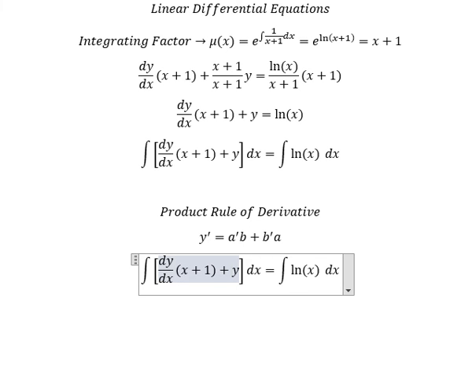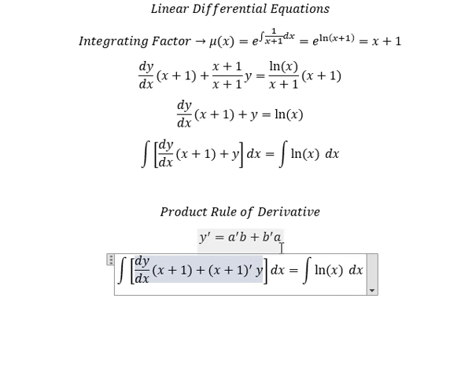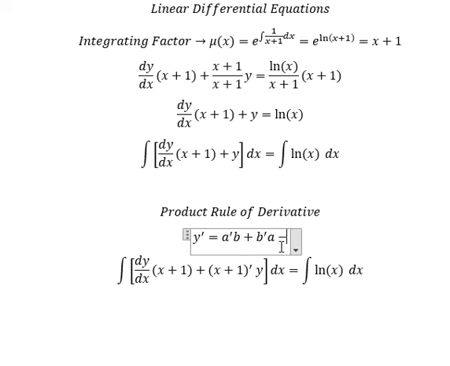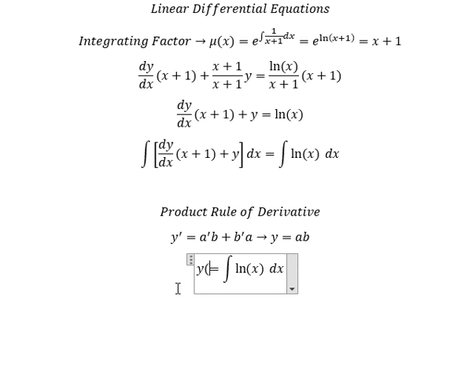This one we have the first derivative of b multiplied by a. So the integration of this one, we have y equals ab. So the integration of that one, we have y multiplied by x plus 1.